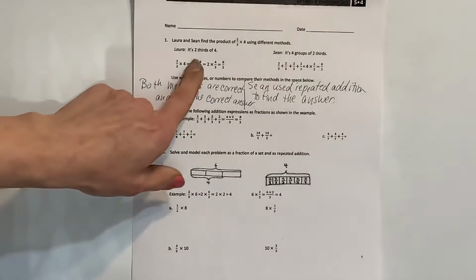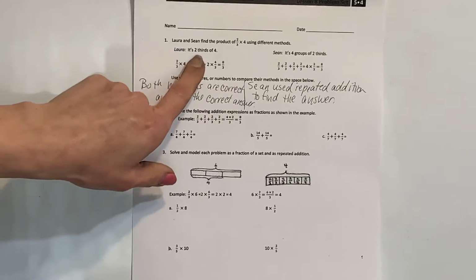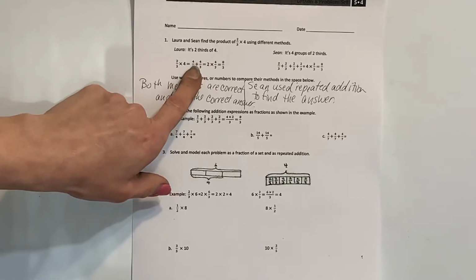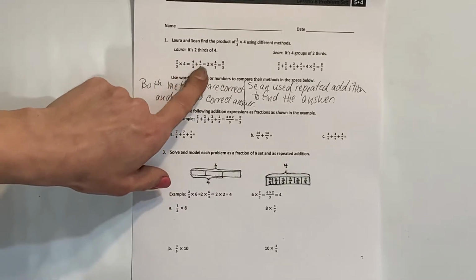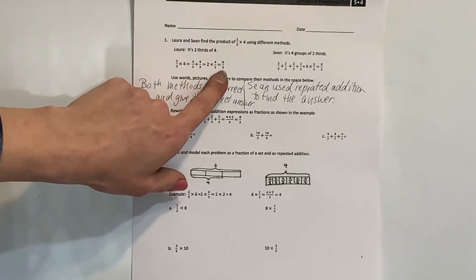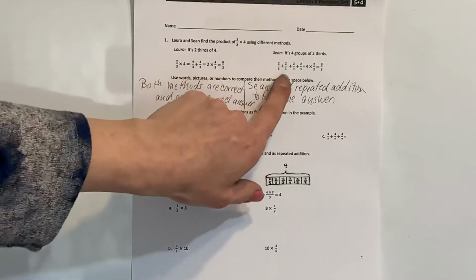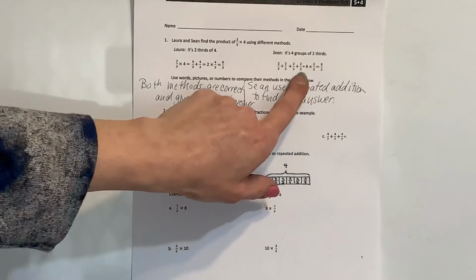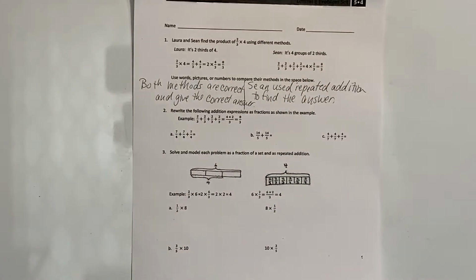Laura's just looking at it as 2/3 of 4, and so she's doing 2 times 4/3 to get 8/3. Sean is looking at it as the repeated addition, and then also getting 8/3 as his answer.